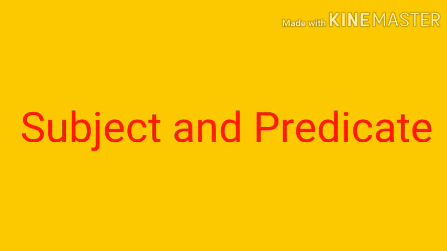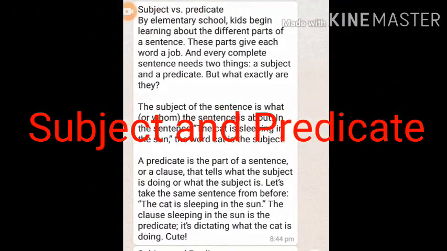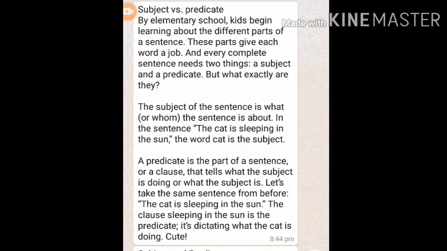Now we will see that a sentence is divided into two parts. One is subject and the other one is predicate. By elementary school, kids begin learning about the different parts of a sentence.